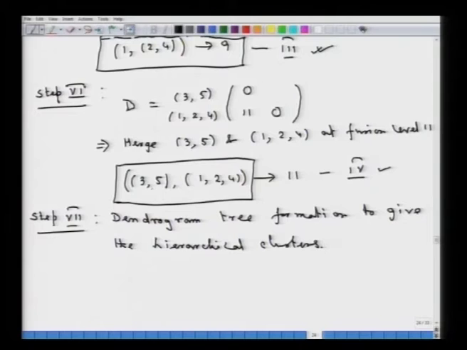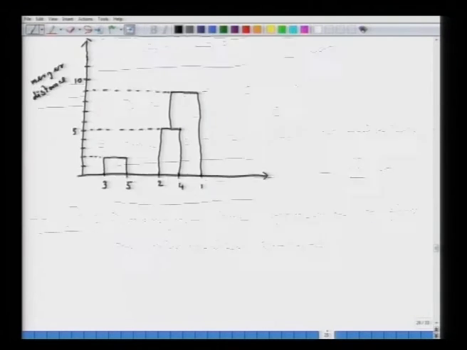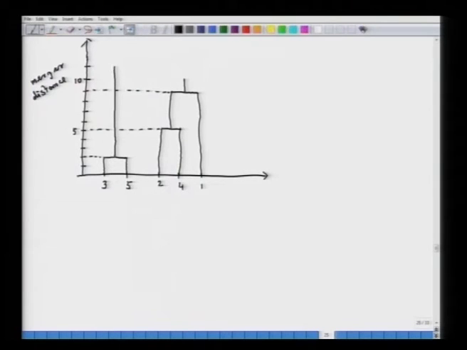The last thing that we need to do is that all the cases now merge at level number 4. So, we have this one cluster which is having these 3 cases 1, 2 and 4. We have another cluster 3 and 5, and then these 2 clusters come together at a fusion level distance of 11, and that is the dendrogram tree.